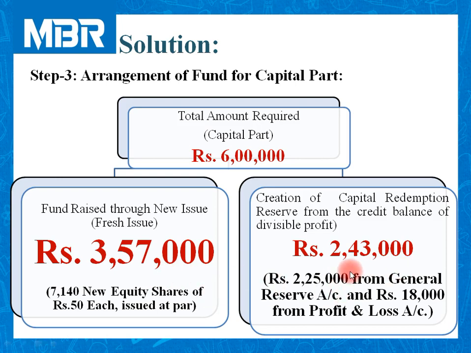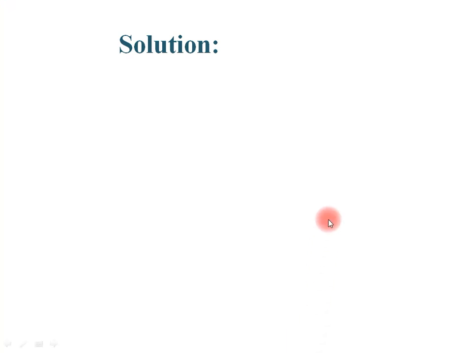So, rupees 2,43,000 collected by the company using capital redemption reserve from general reserve account and profit and loss account. Rupees 2,25,000 contributed from CRR and 18,000 rupees contributed from profit and loss account.